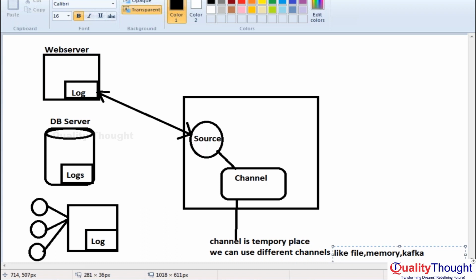We can use Kafka as a channel, or a DB as a channel. So we can use different channels to store this data.